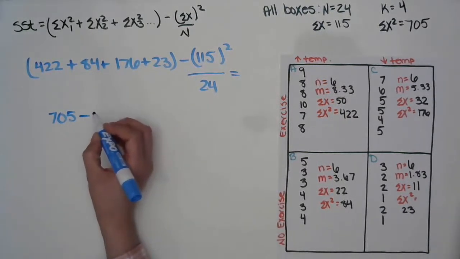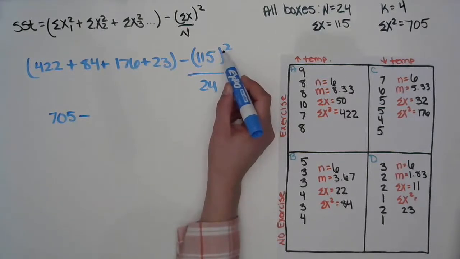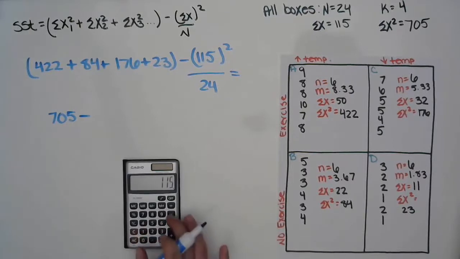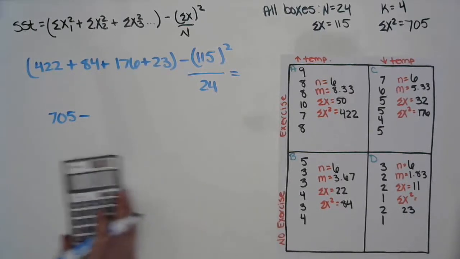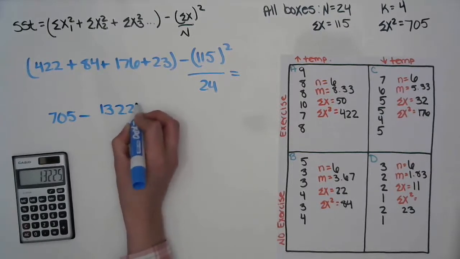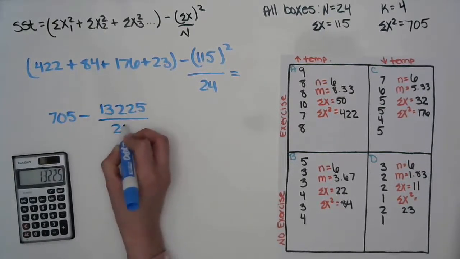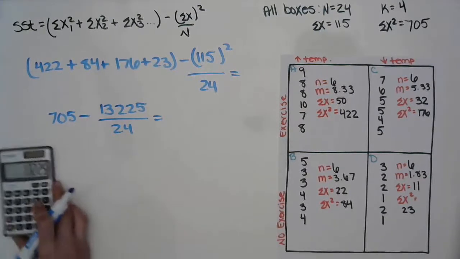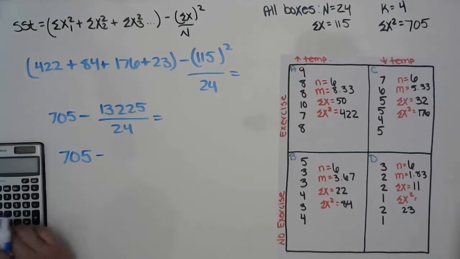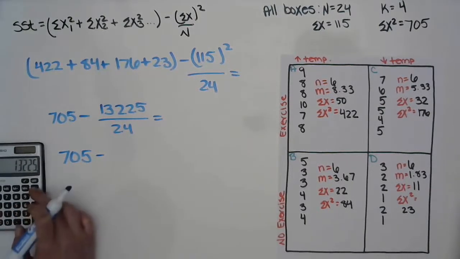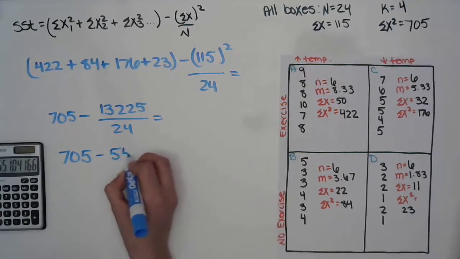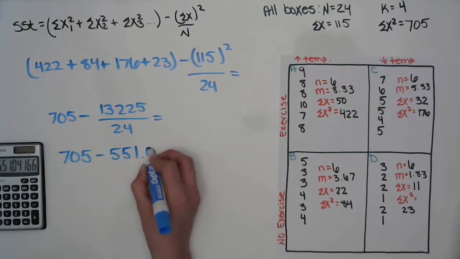Minus the 115 squared. 115 times 115 gives us 13,225, over 24. So we have 705 minus 13,225 divided by 24, which gives us 551.04.